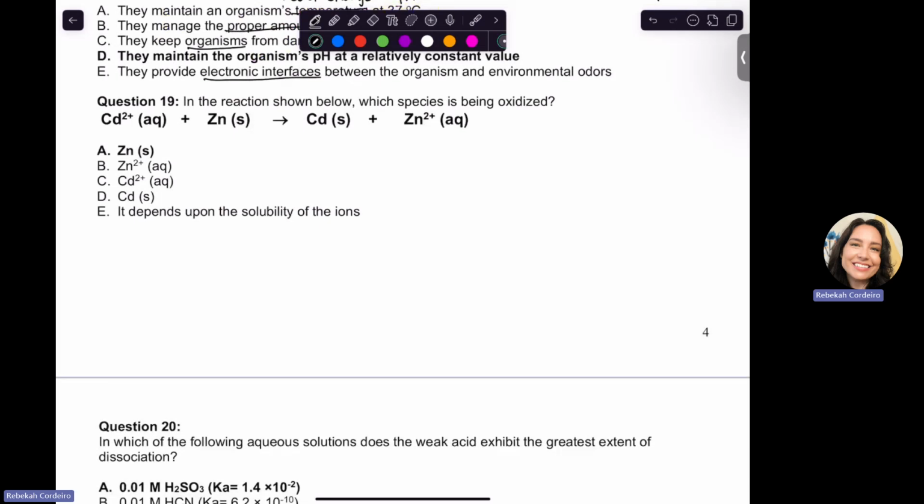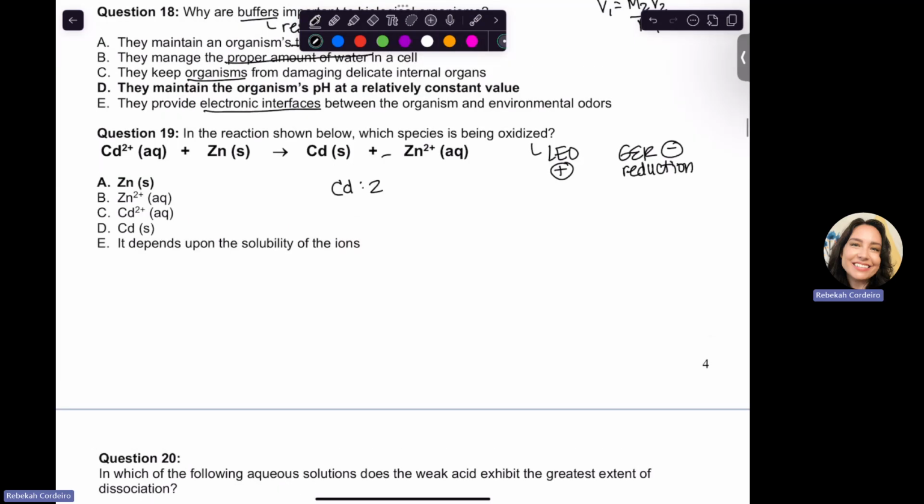What's being oxidized and reduced? So remember, oxidation is LEO and GER is reduction. LEO is a positive change and GER is a negative change. So we have cadmium going from 2 plus to 0. That's GER, that's getting more negative, that's reduction.